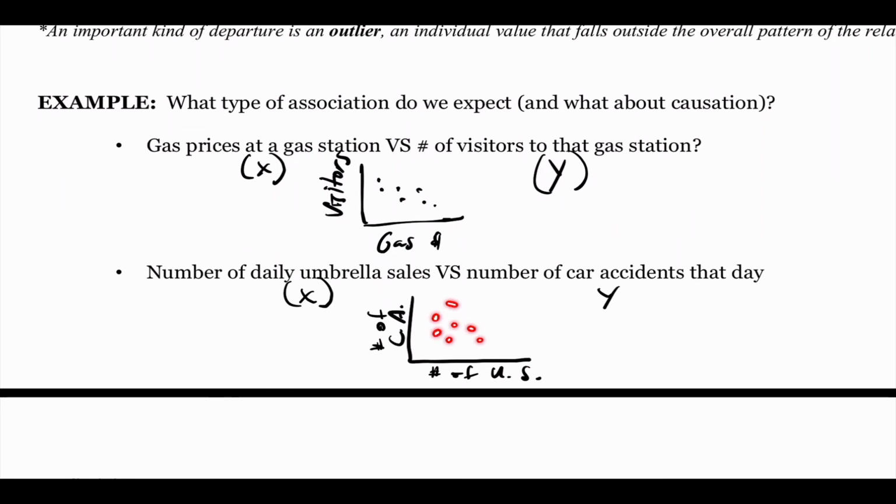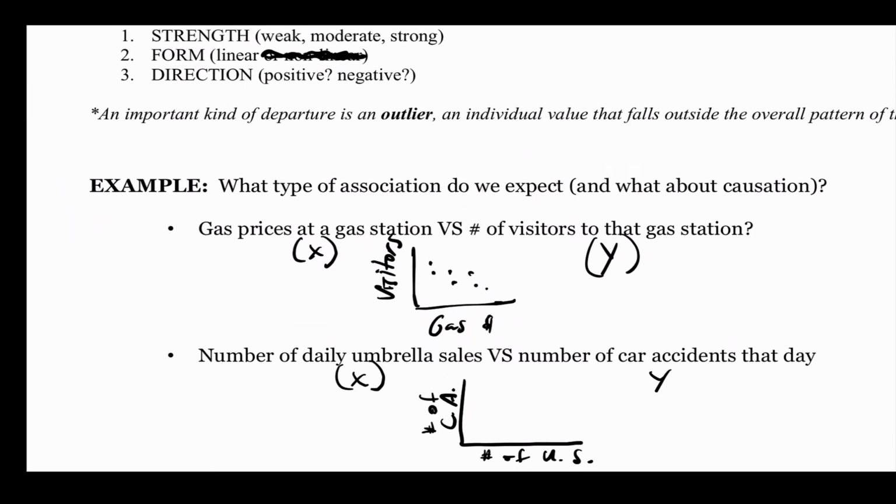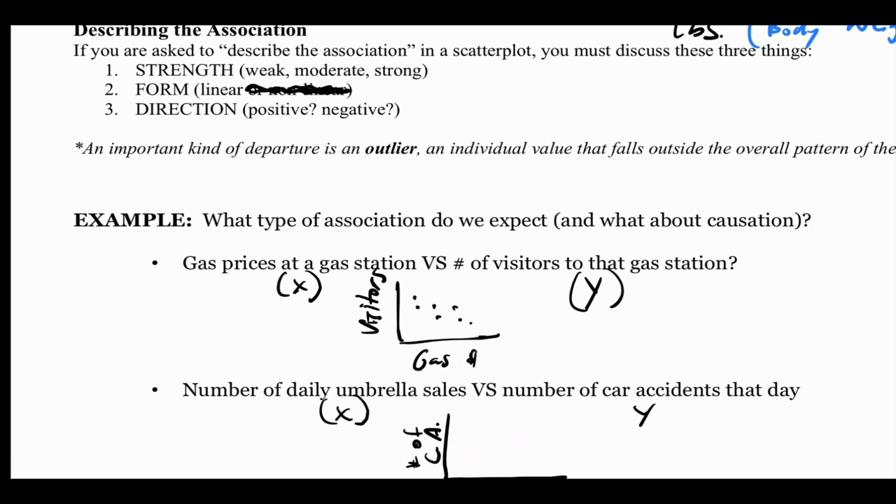They have nothing to do with each other. So what would the strength be? Weak, if anything. I would say they really have nothing to do. What do the number of umbrellas sold have to do with the number of car accidents? Nothing. There's really nothing there, right? So it's not going positive, it's not going negative, it's going zero.